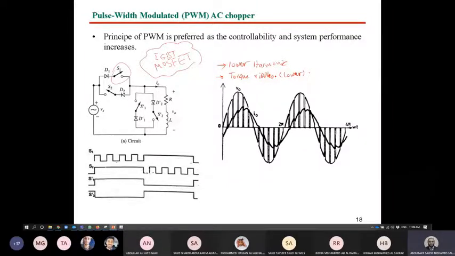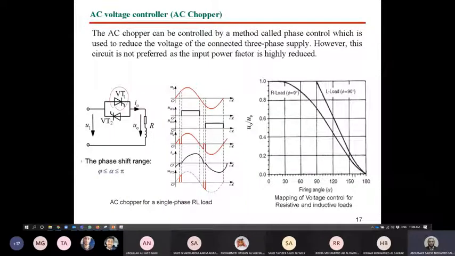Also, for the AC chopper based on thyristor, the part of the waveform which is removed from here will be injected into the grid, which means it is injecting harmonics into the grid. And this is going to affect the surrounding loads as well.